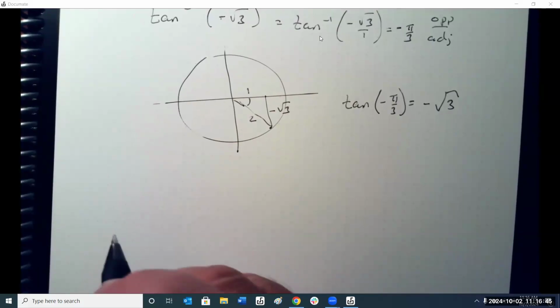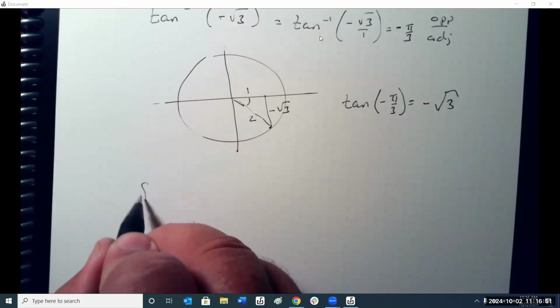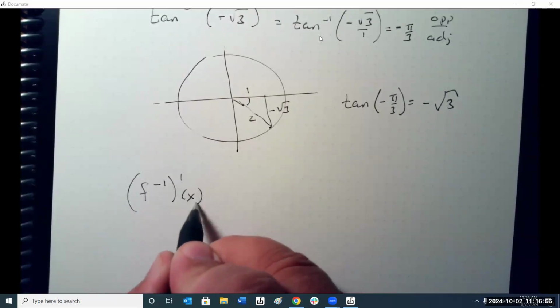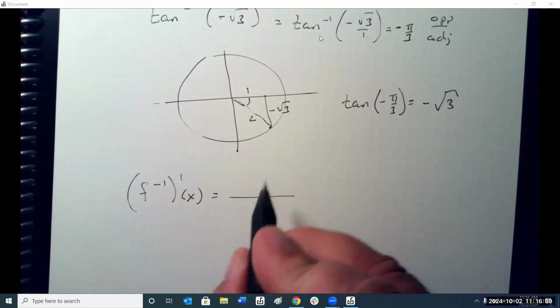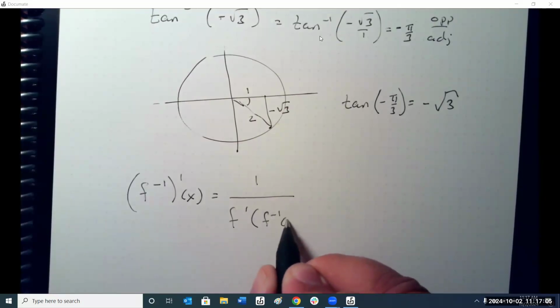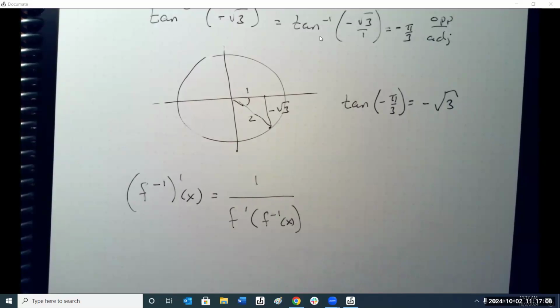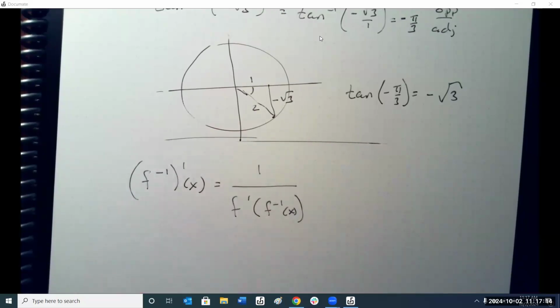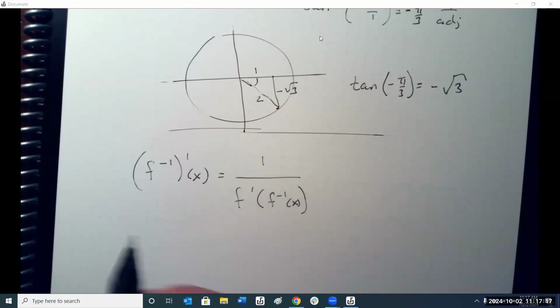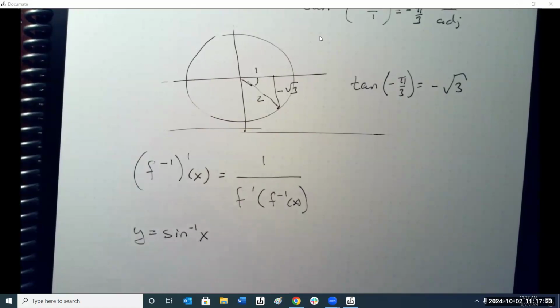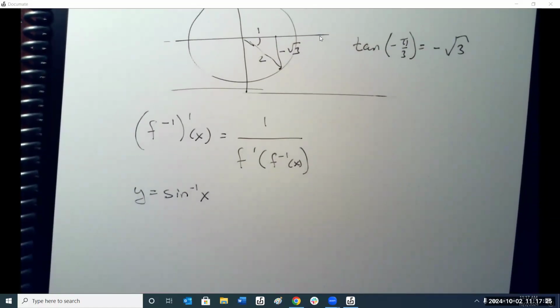Remember earlier in our chapters, we had the inverse function, and we took a derivative of it. From theorem 3, we got this function, the derivative of the inverse function of x. So let's see if sine y over x.